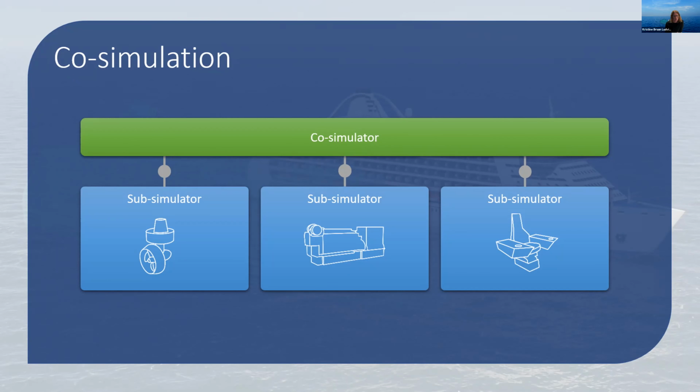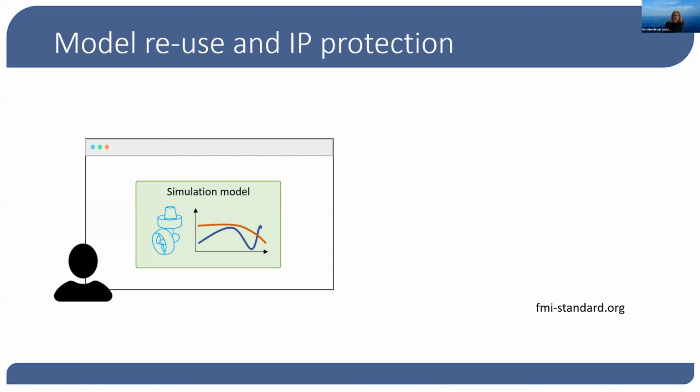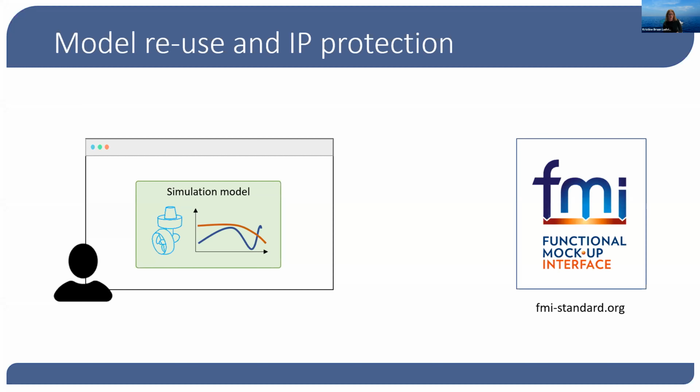You don't need to convert them, but you can just package them and combine them in a co-simulation. That is why co-simulation is the approach we have taken in moving towards this OSP vision, and we want to make use of the simulation models already developed.